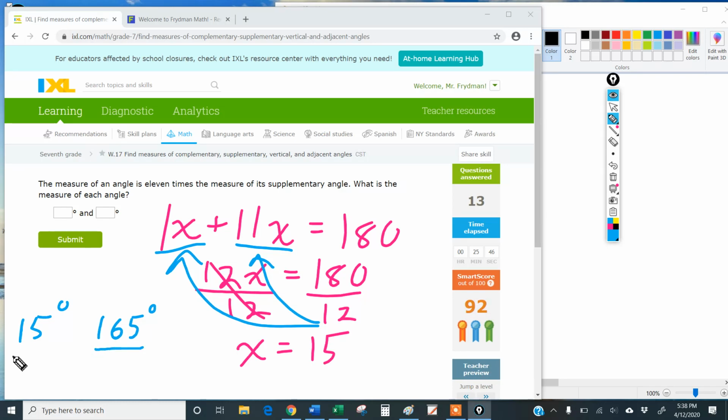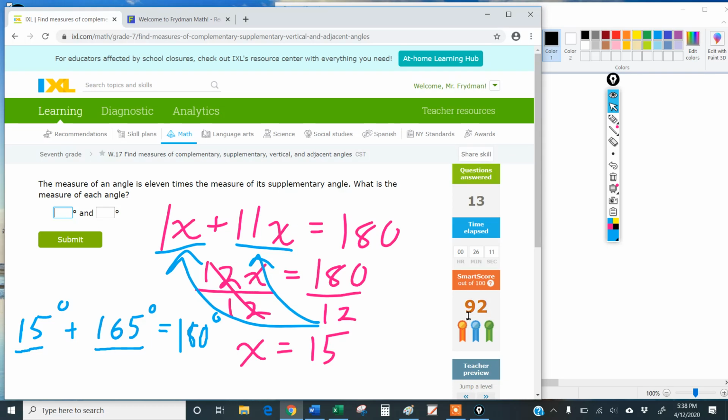This angle is 11 times as big as this one. 15 times 11 is equal to 165. And also 15 plus 165 is equal to 180 degrees. Okay?